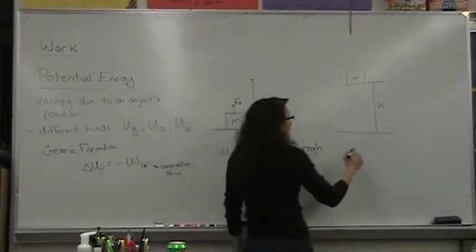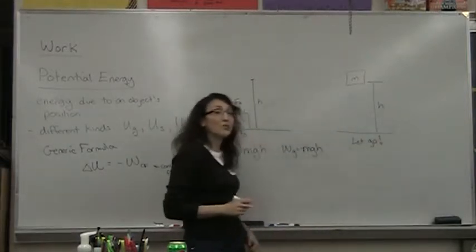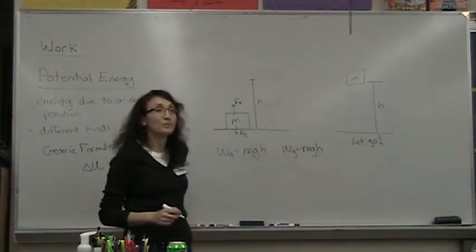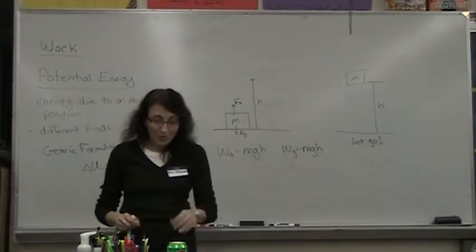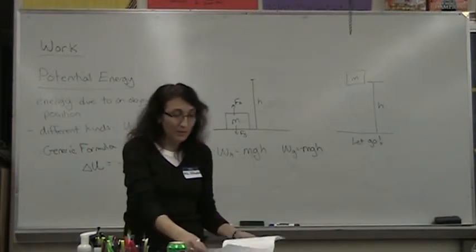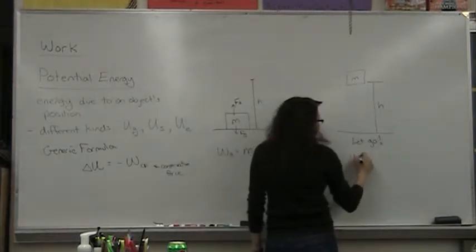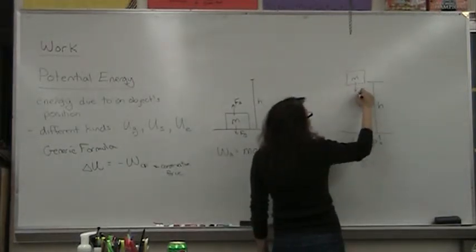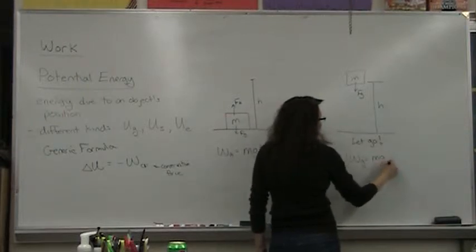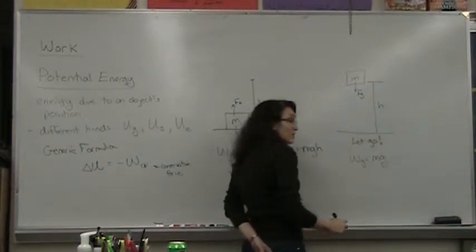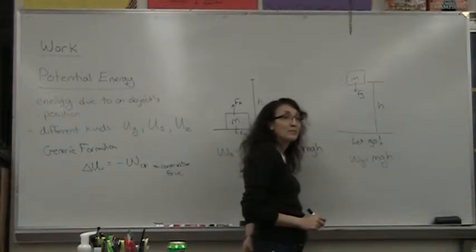So if I let this go, how much work will gravity do if I let this go? Well, let's think about it. Now I have this gravity pointing down, so it's going to be F, the mg. It's going to move a distance of what? h. And what's the angle this time? 0.